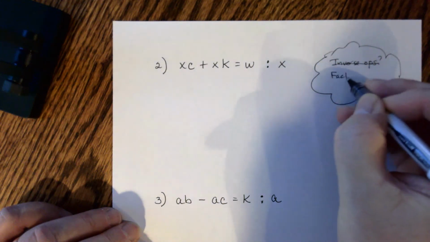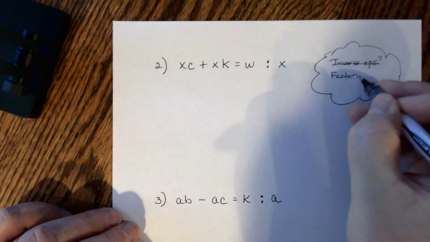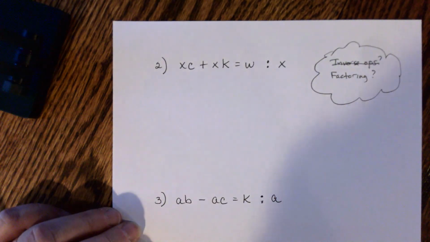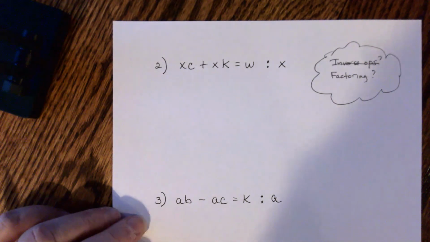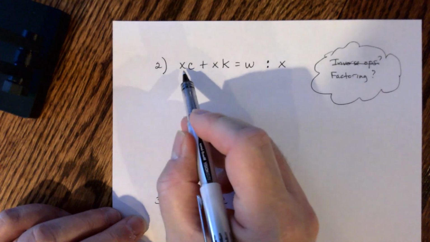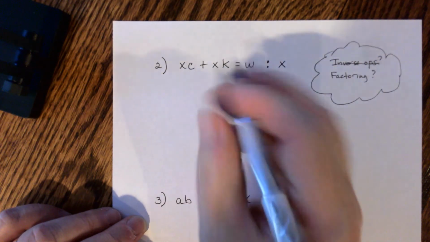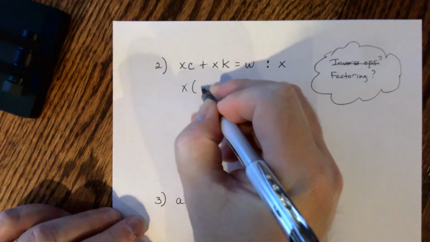So I need to start thinking a little bit more about algebra. So I start thinking about factoring. Is there something that I can factor? Because when you get into algebra, right after you're done with equation solving, you usually talk about factoring. And I noticed that there is an x in common between both of these terms. So I'm now going to pull out the x.